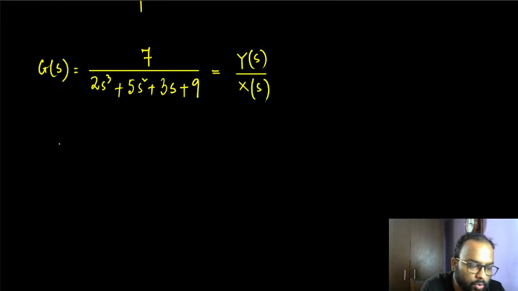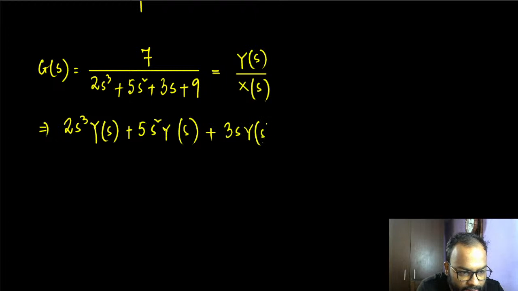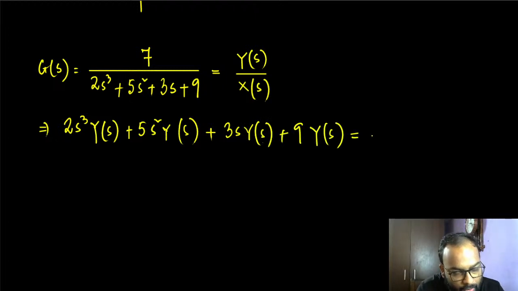So we can cross multiply and get something like 2s cube Y(s) plus 5s square Y(s) plus 3s Y(s) plus 9Y(s) equal to 7X(s).